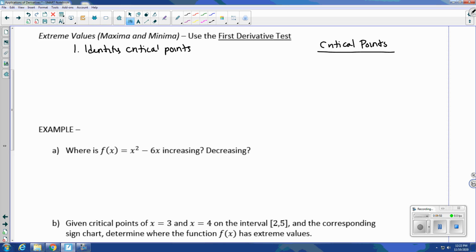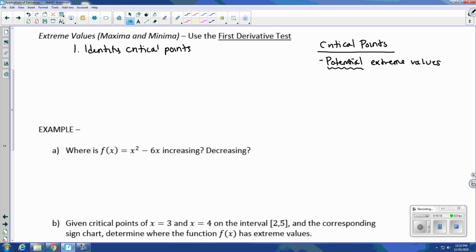How do you identify them? First, they're potential extreme values. So not all of these will actually be a max or min. They're just potential extreme values. We're going to have to analyze parts of the derivative to determine whether or not they are extreme values.